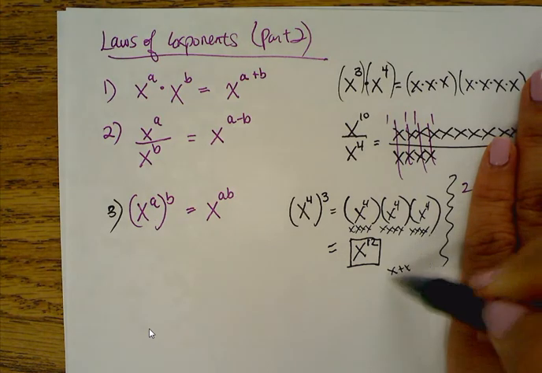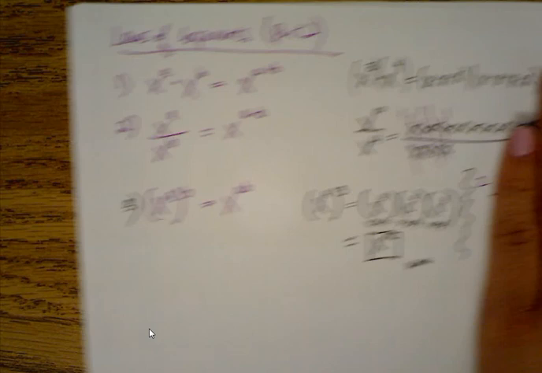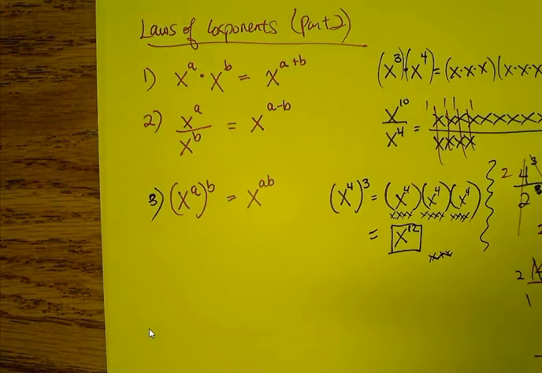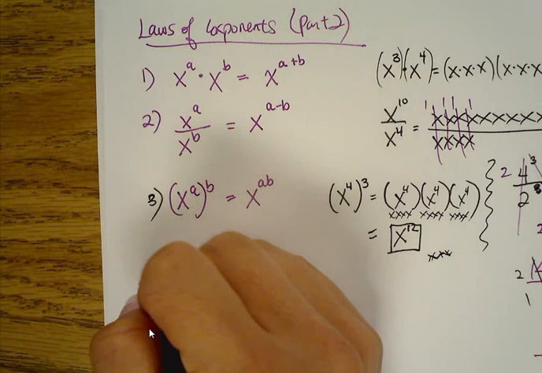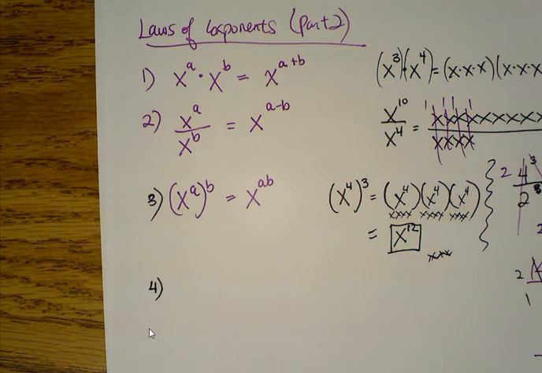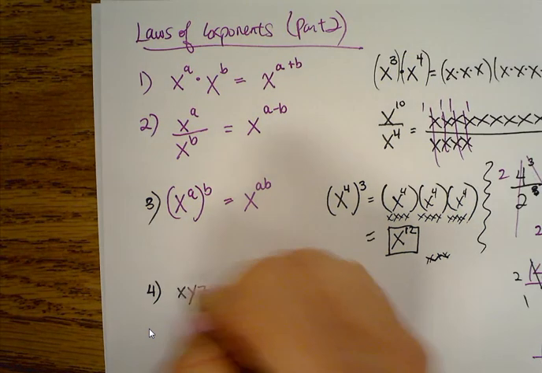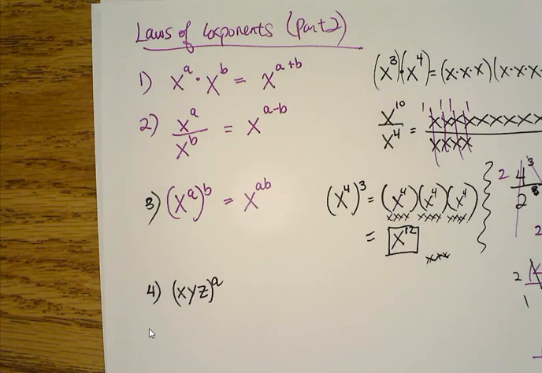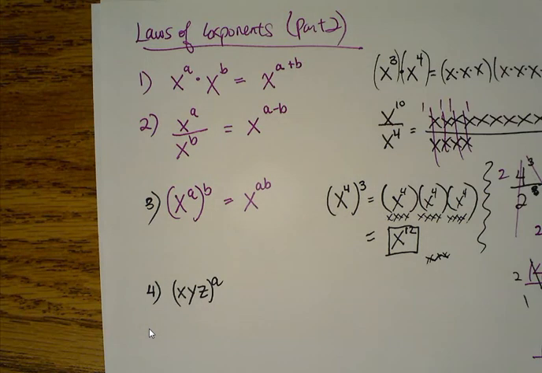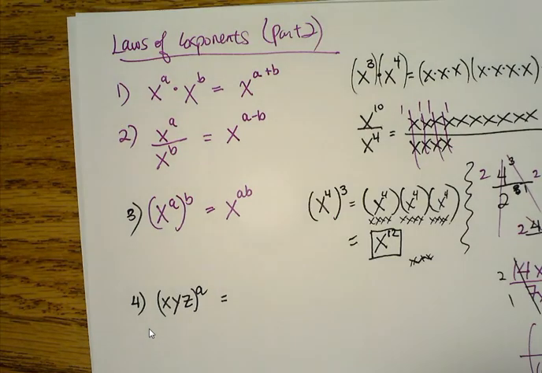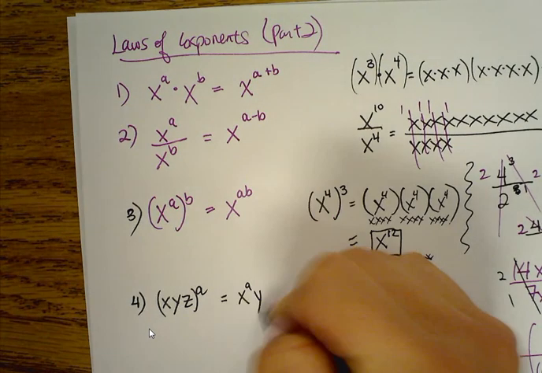You know what? This is not technically a rule, but let's make it a rule. What if we have x, y, and z to the a power? So you could do x to the a times y to the a times z to the a, right? How come?